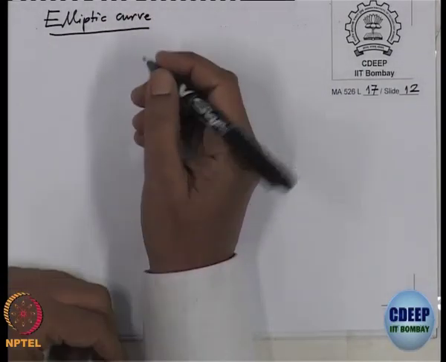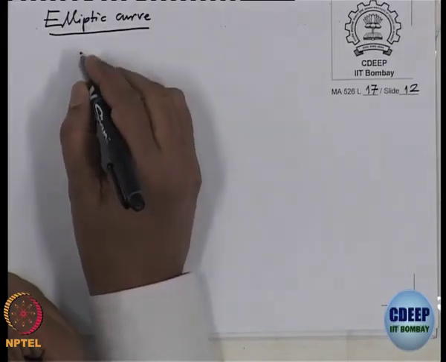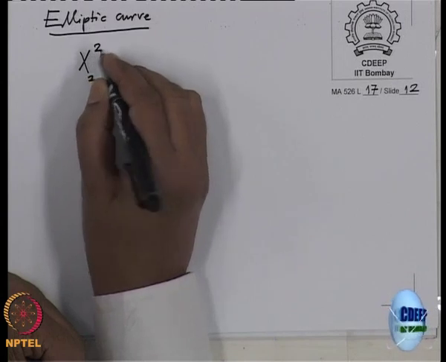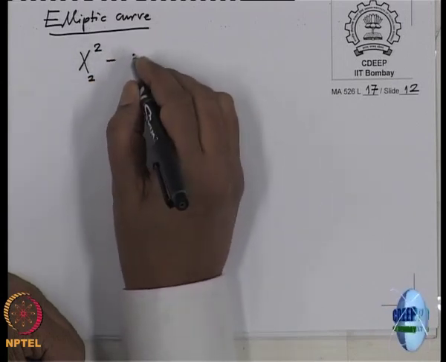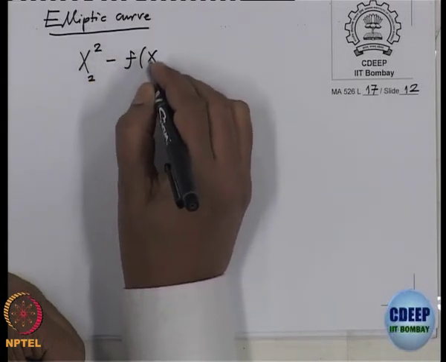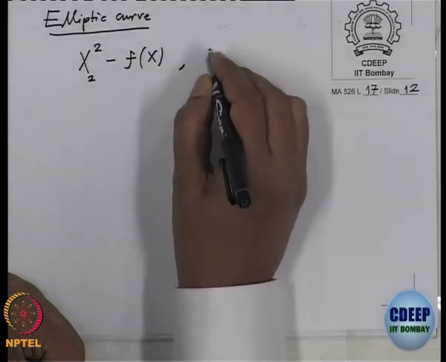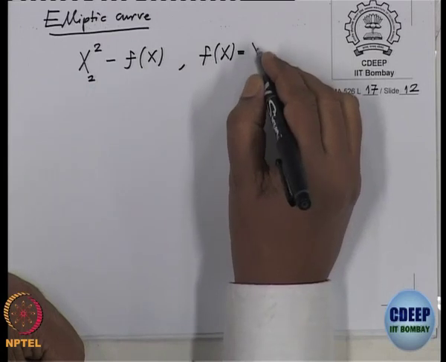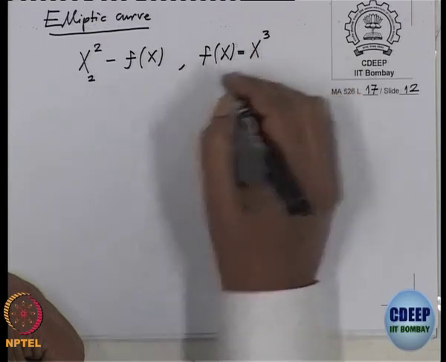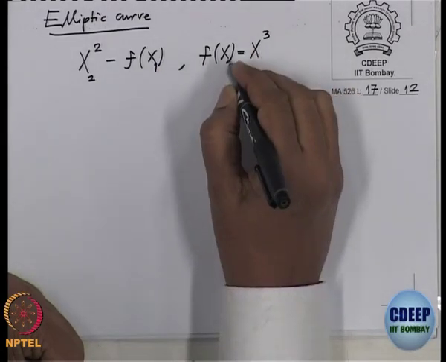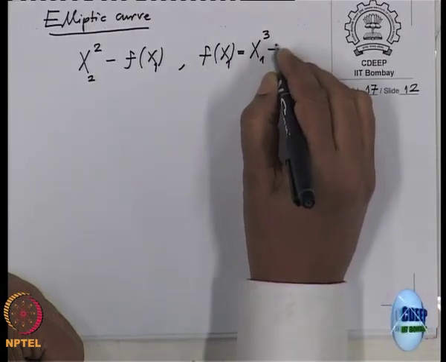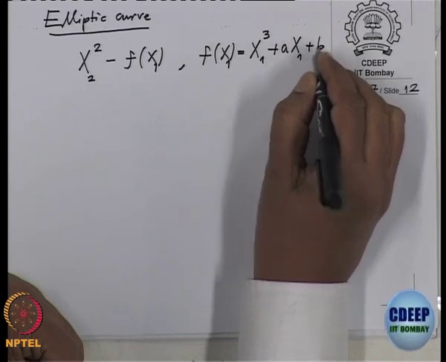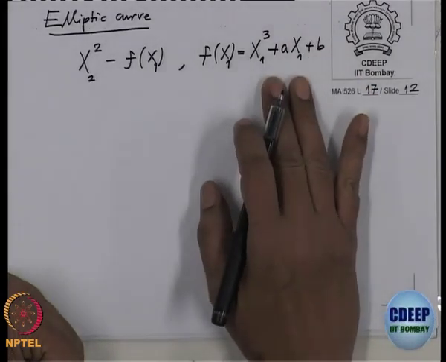So, elliptic curve means what? It is a curve like this, x2 square minus f(x1), where f(x1) is cubic, x1 cube plus some a x1 plus b, cubic like this.